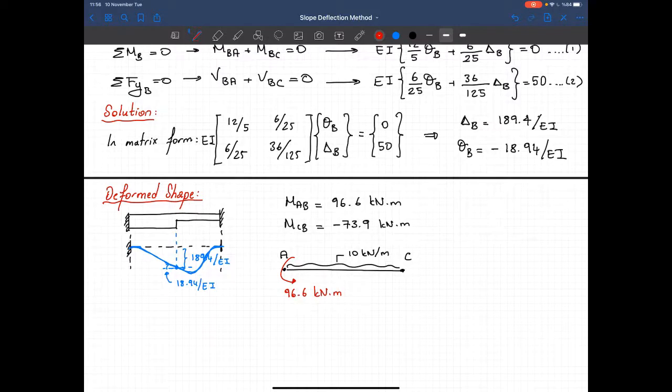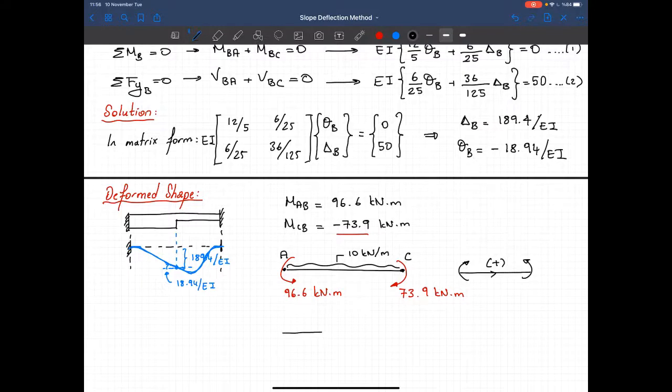At point C, I have a clockwise moment, and the magnitude is 73.9 kilonewton meters. If you want to draw the moment diagram, that will be the sign convention I'm using. Remember that I'm using this sign convention just to draw the moment diagram or write down the moment equation for integration.